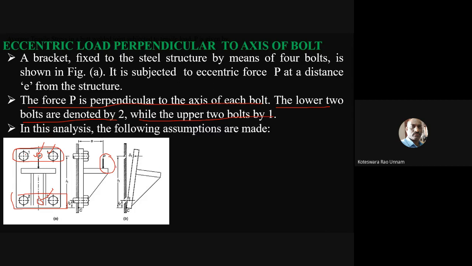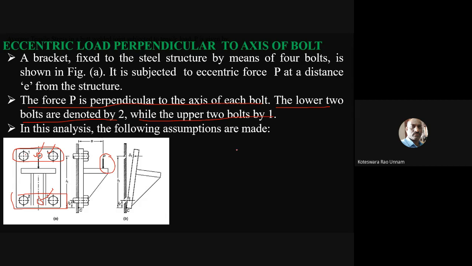Then in this analysis, like in the previous case, we made some assumptions: the bolts have uniform diameter, and the secondary shear force is proportional to the distance from the bolt center to the center of gravity. Here also we'll make some assumptions.